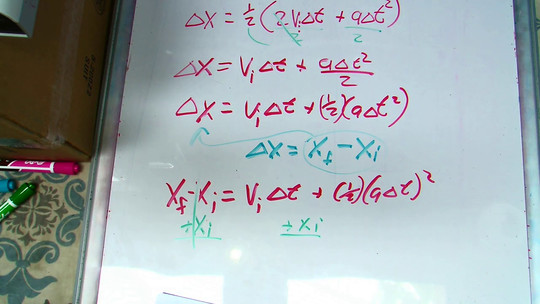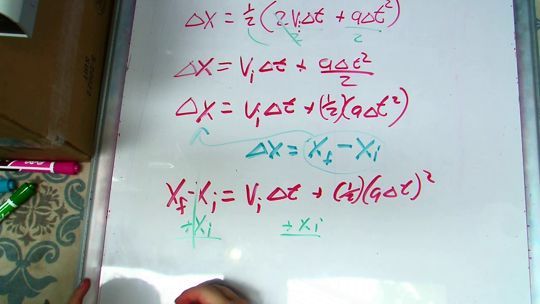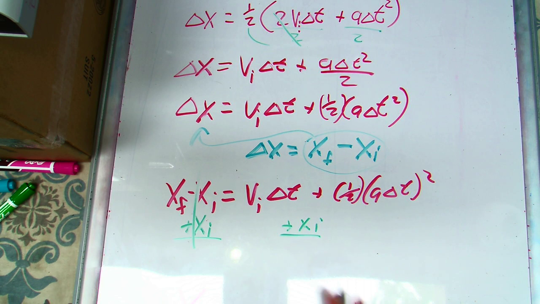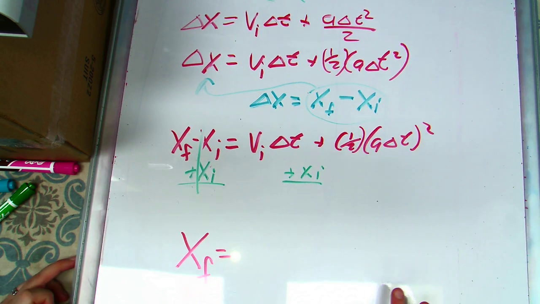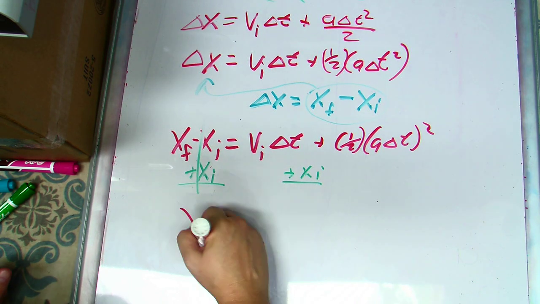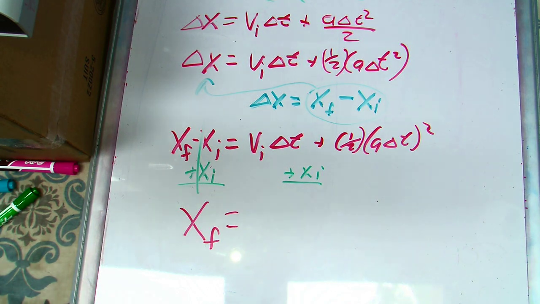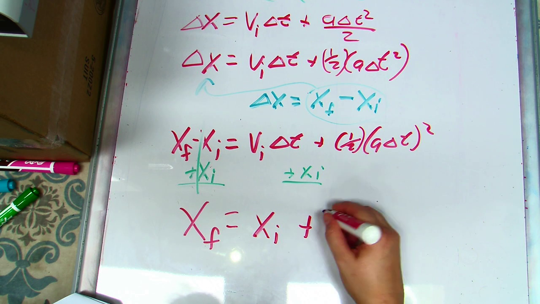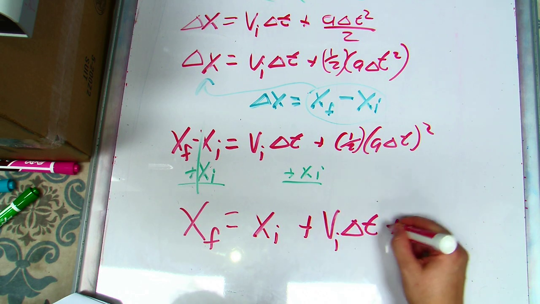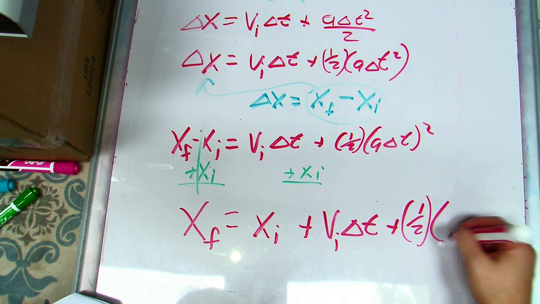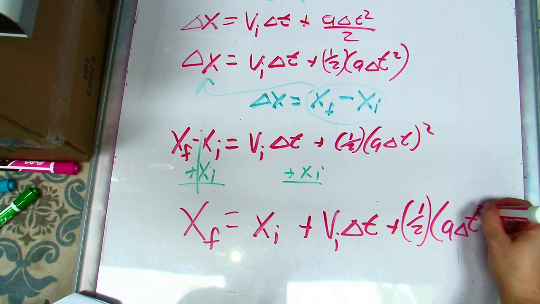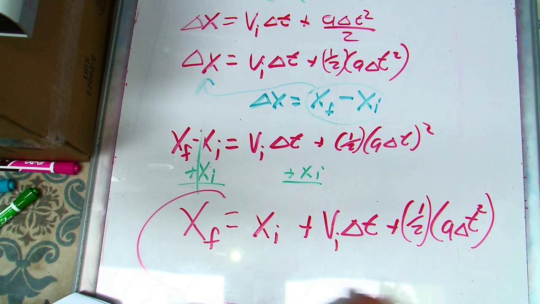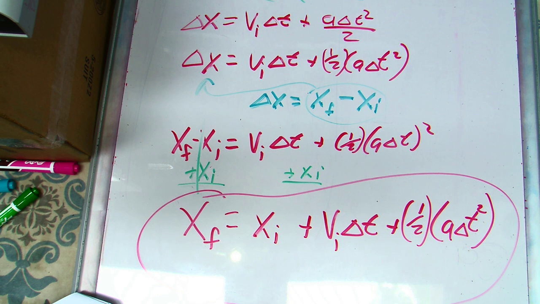And we are left with our final displacement equation. xf equals xi plus vi delta t plus 1/2 times a times delta t squared. And that, ladies and gentlemen, is how we got the final displacement equation.